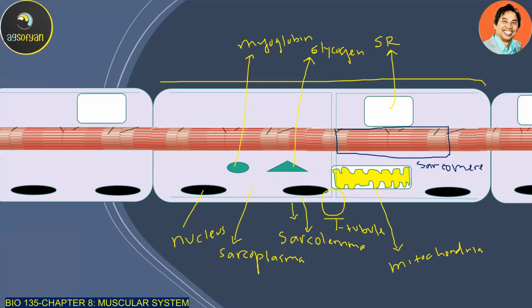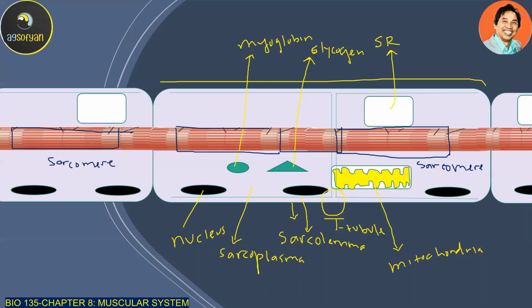Okay, and this is another unit of sarcomere. This is from Z to Z. This is another sarcomere. This is another sarcomere.